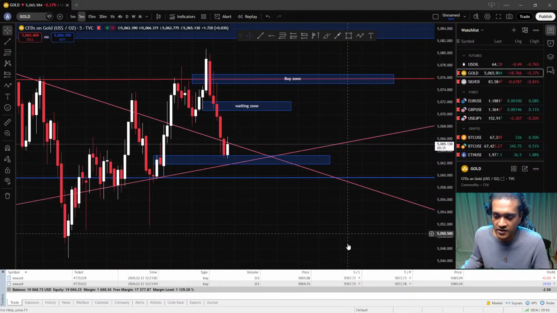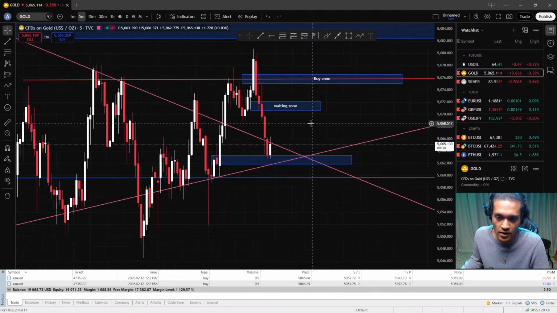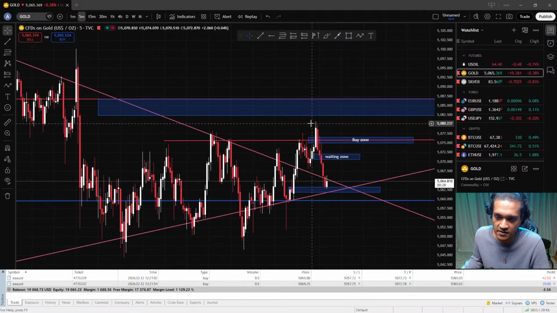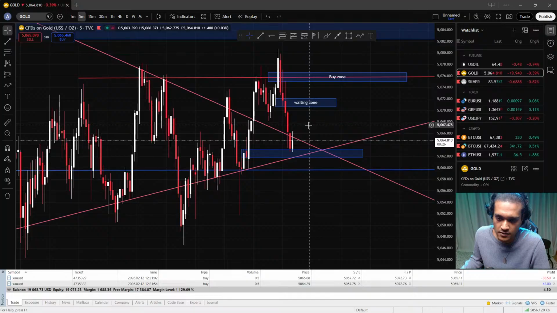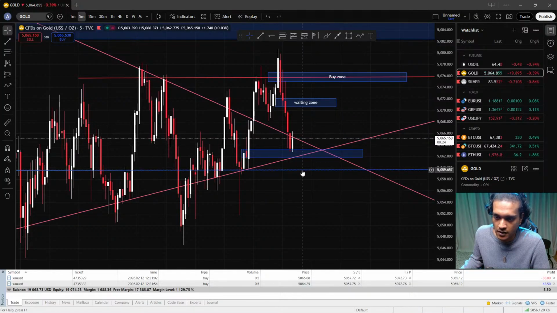This waiting zone will be our TP1, because right now we are still at the consolidation price. Our SL is basically the breakout of the support right here.